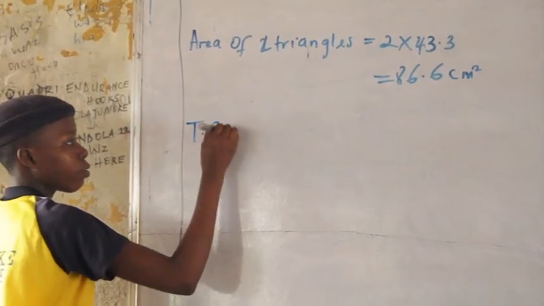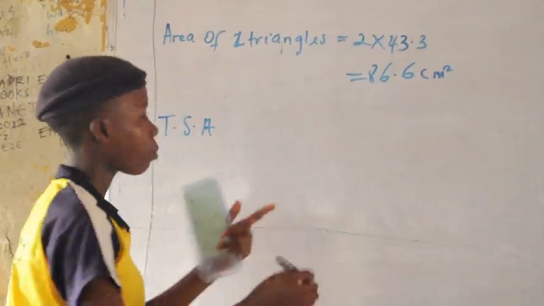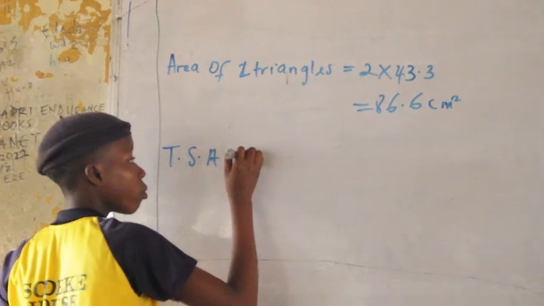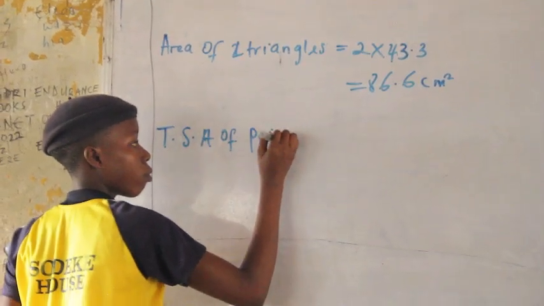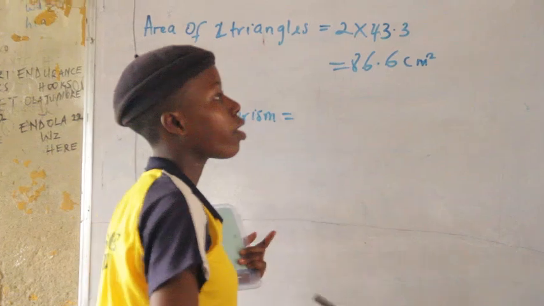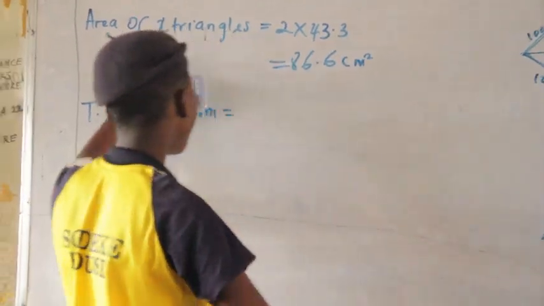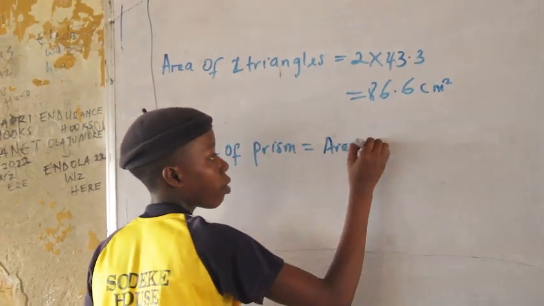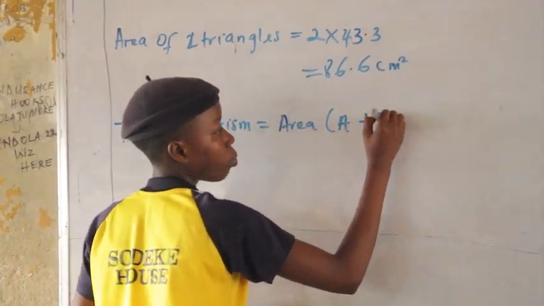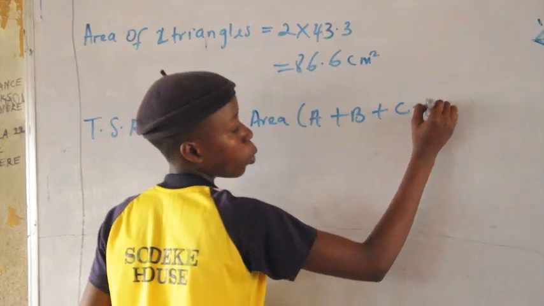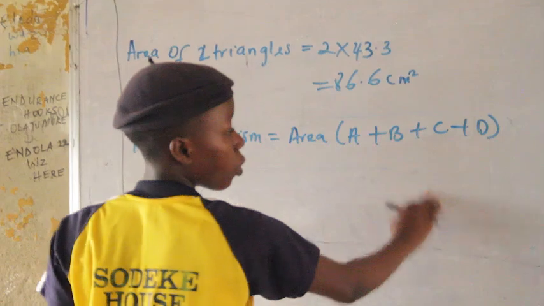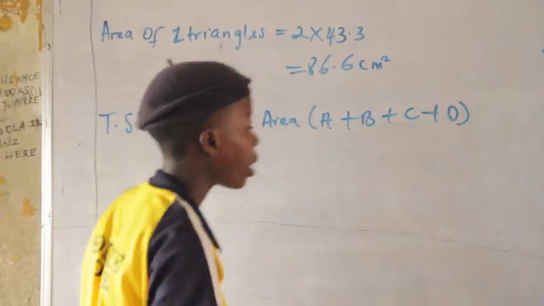So the total surface area of the prism is going to be the area of all the rectangles plus the area of the triangles. Area A plus B plus C plus D. And the area of A plus B plus C is 2160.